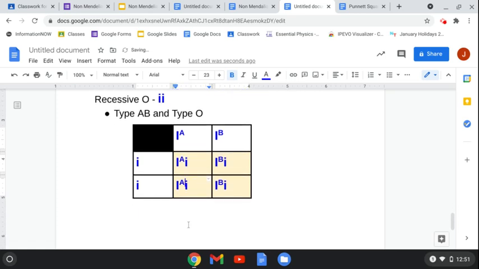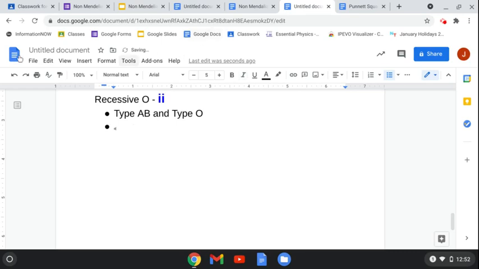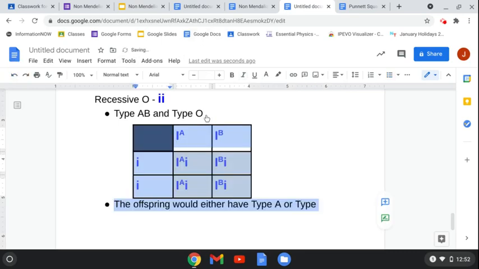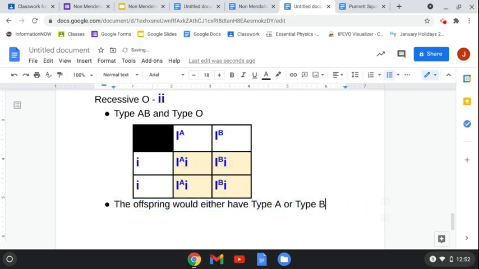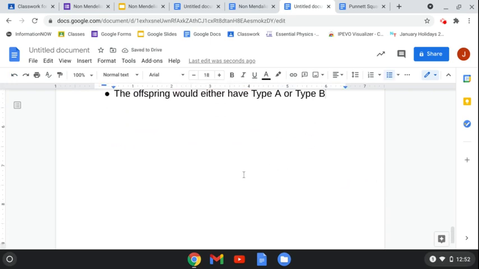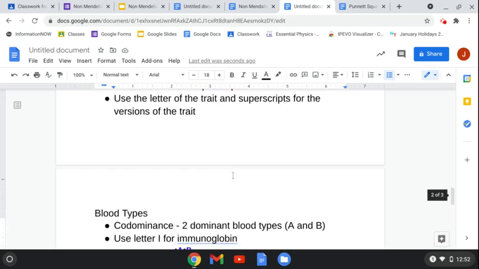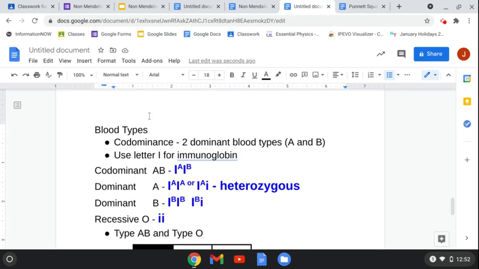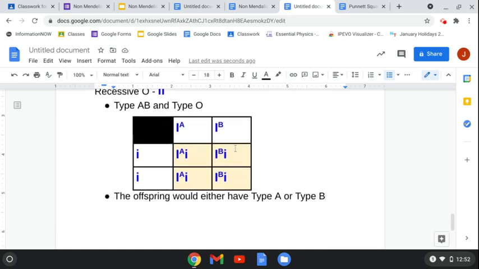So if you look at this, the offspring would either have type A or type B blood, which means it would not match either parent. So that's my example for blood types.